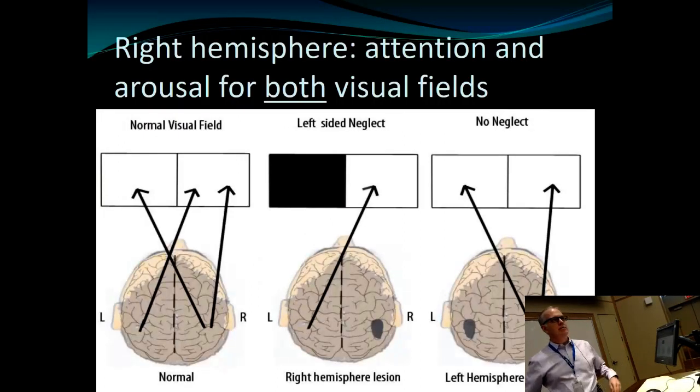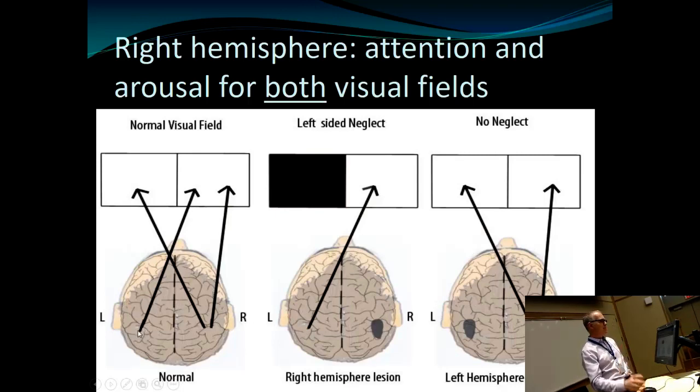Now, what I'm going to explain here, I just want to first clarify, I'm not talking about vision with this slide. We're not talking about the homonymous hemianopsia, but rather the attention to the opposite visual field. So here's how this works. Normally, here's your left hemisphere.